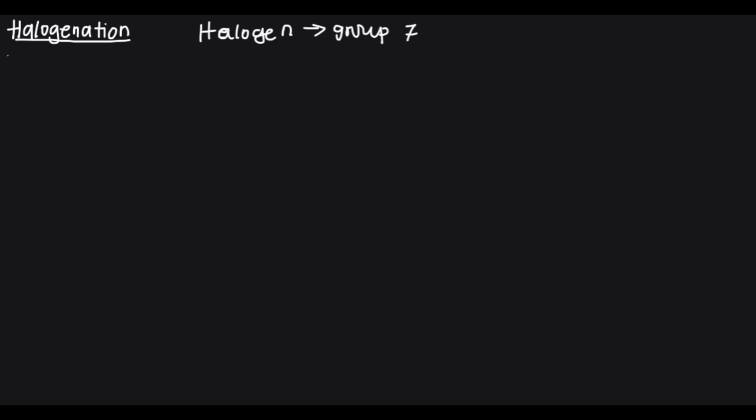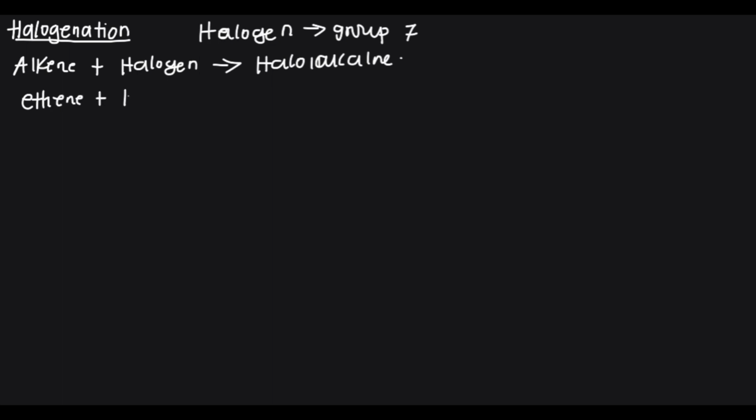So for a picture in terms of the word equation, let's say we have alkene plus a halogen. The halogen can be chlorine, bromine, iodine, any. Then the product should be a haloalkane. So if we have ethene, what can we react it with?